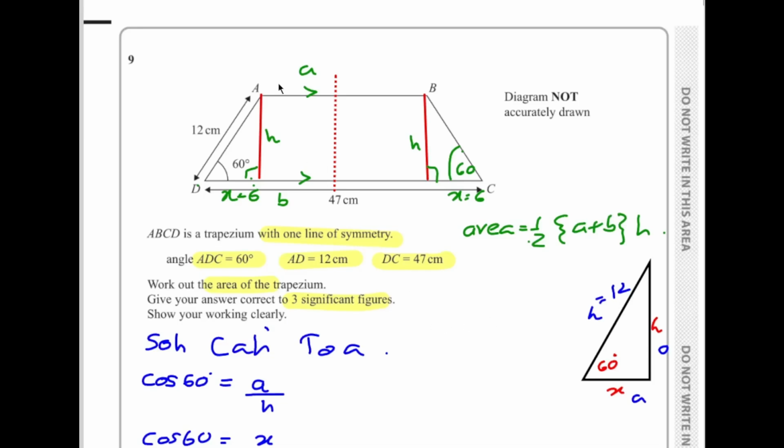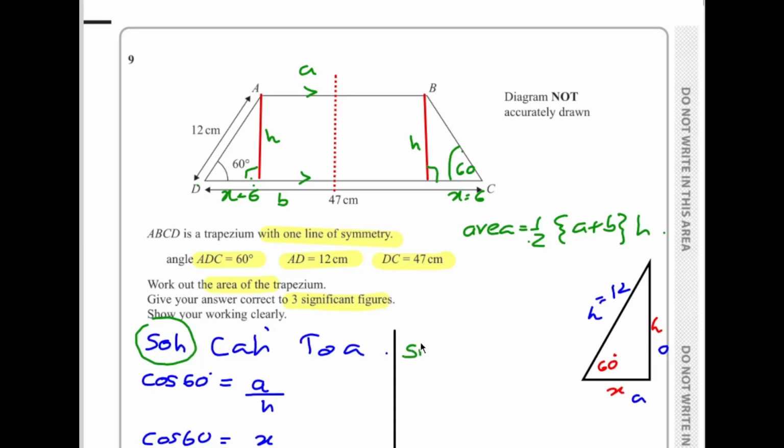Right. Now we need to get the height of the trapezium. Other than height, we will be unable to get the area. So let's get the height. When getting height, again I have to use SOHCAHTOA. So I need to get this opposite. So opposite and hypotenuse, O and H. O and H involvement is sine.